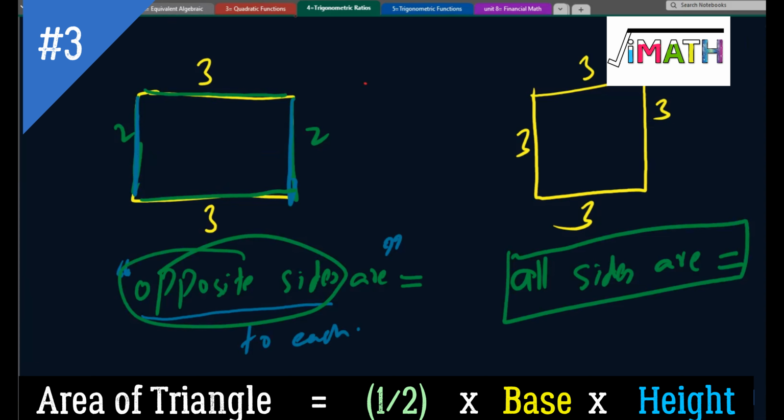Let's see about the angles. Now you need to tell me the difference between these two diagrams in terms of angles. What's the difference in terms of angles between a rectangle and a square?